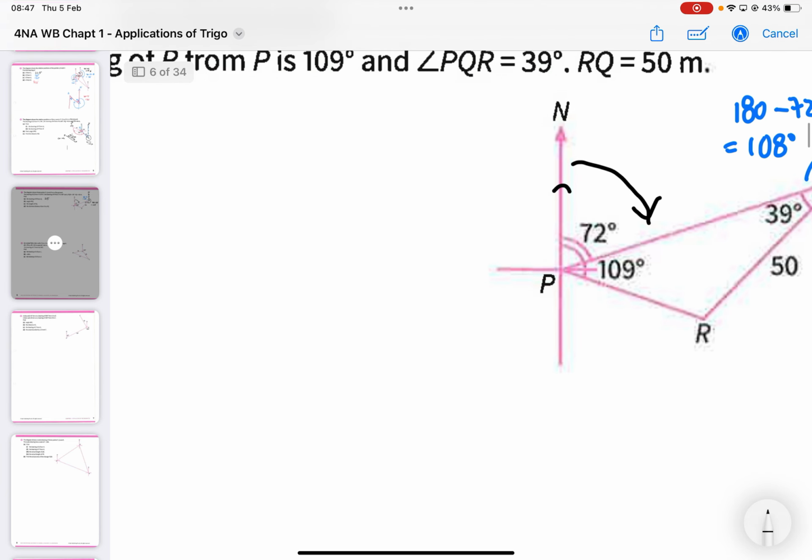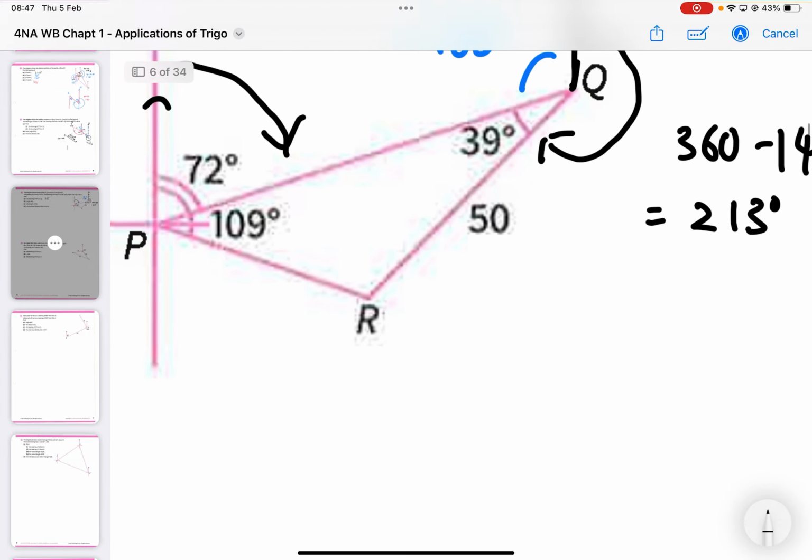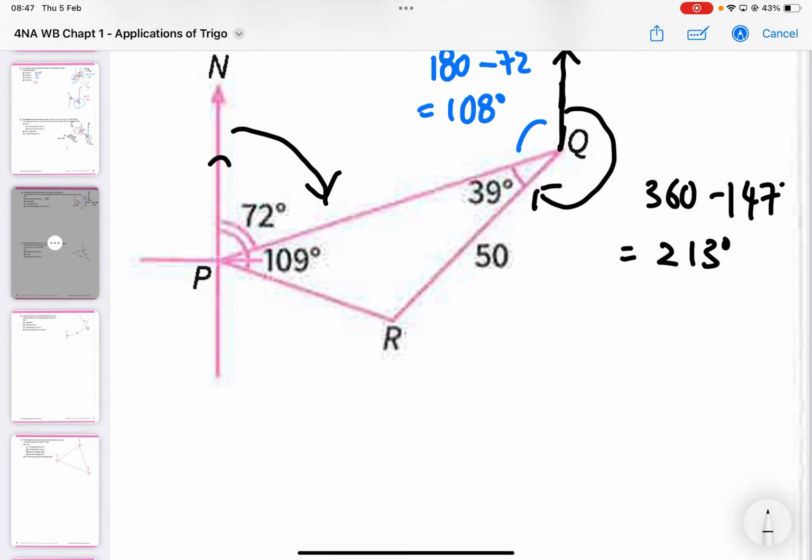Can? Angle RPQ. So they want this angle.